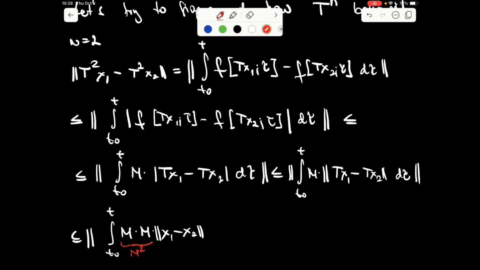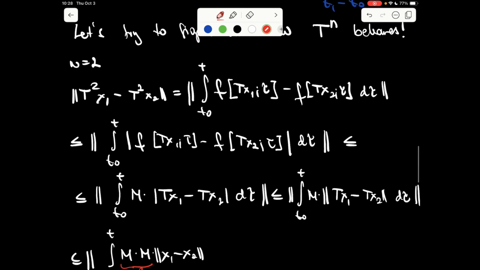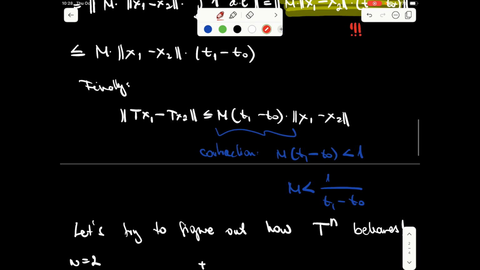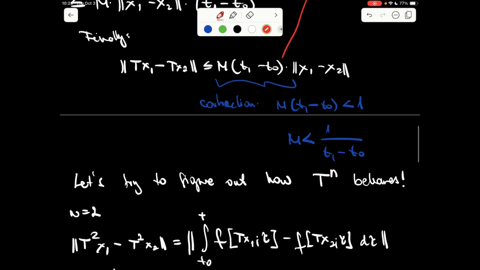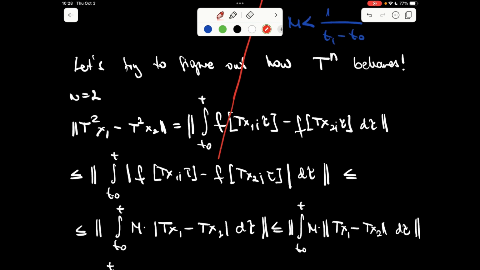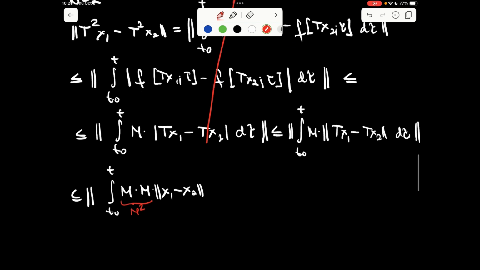And this is the point where we use this expression because we simply put it into the expression.